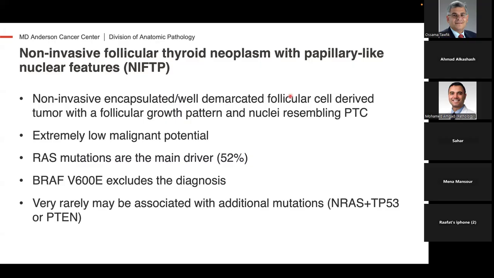So the whole term is non-invasive, encapsulated, or well-demarcated follicular cell derived tumor with a follicular growth pattern and nuclei resembling PTC. They are of extremely low malignant potential. Most studies show that they are nearly benign. There'll be a few, very rare cases of metastasis or showing up in a lymph node.